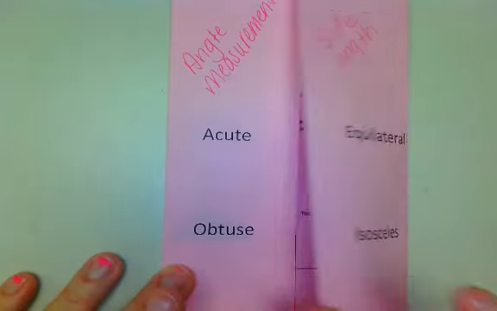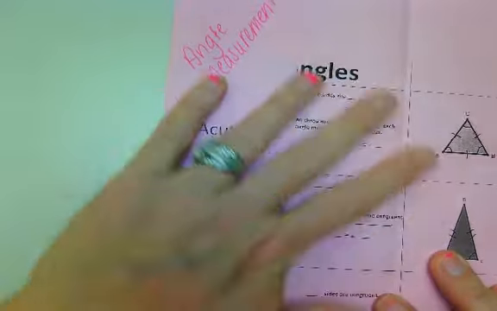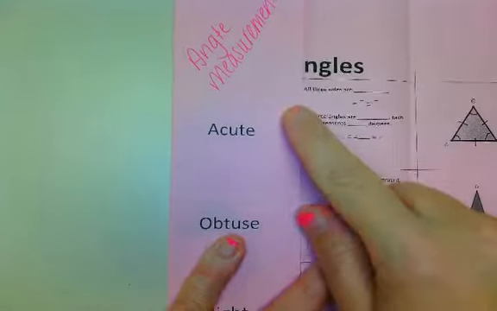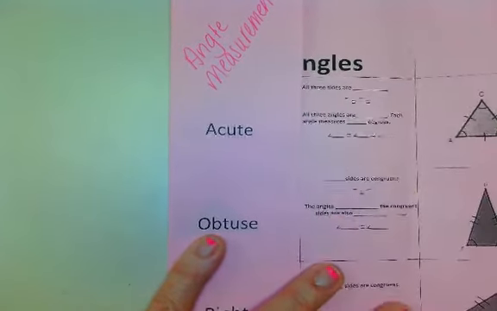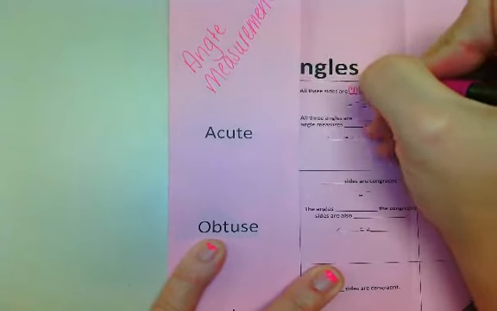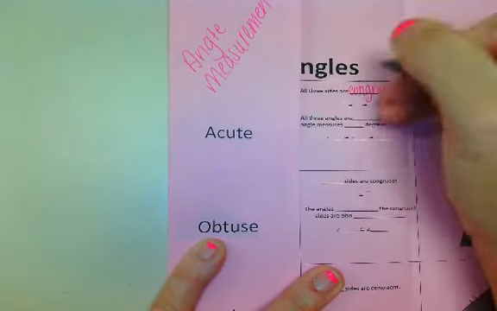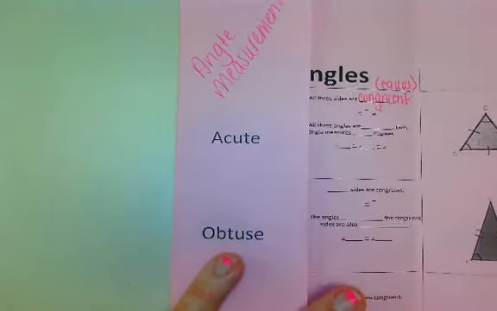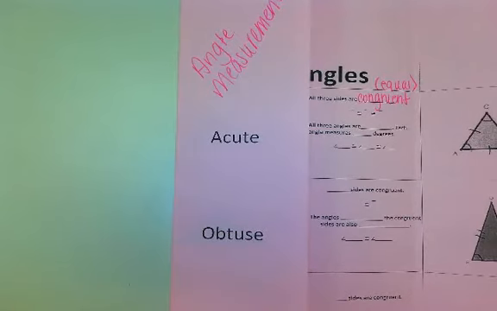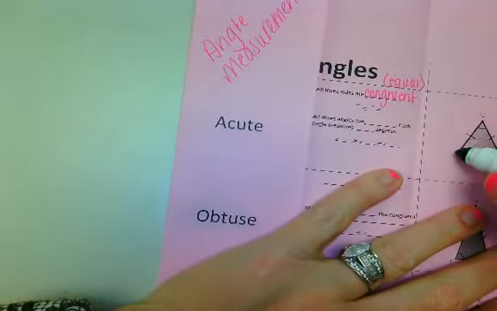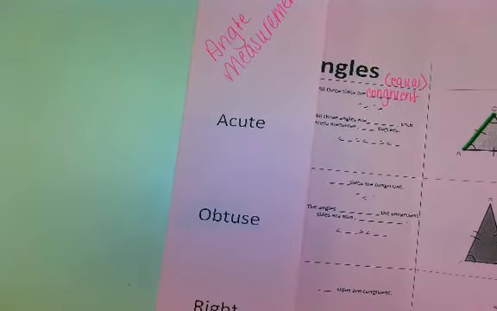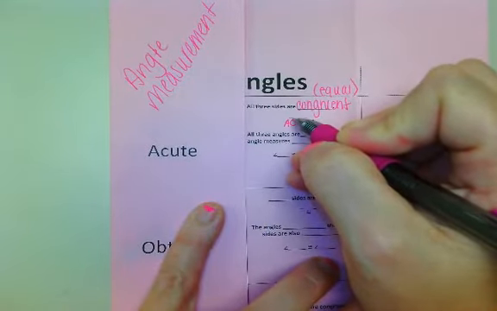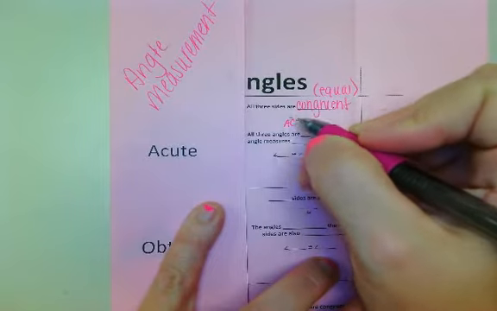We are going to start with equilateral. So if we open back up our little foldable here, and we look at our triangles, it starts with all three sides are congruent. And all congruent means is equal. They are all equal. Okay? And what I mean by that is your sides. So you have side AC, okay? Side AC. And if you notice this little line right here, this represents the side lengths.